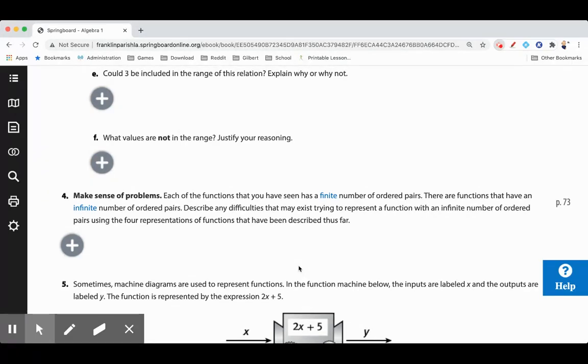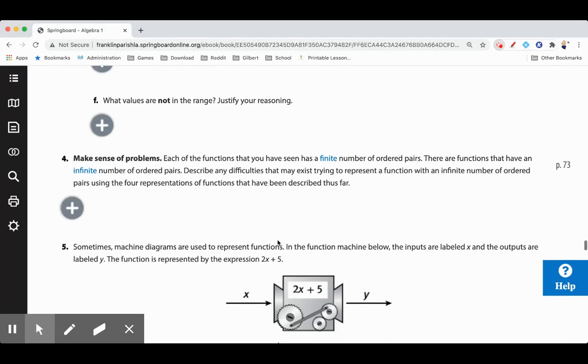Could we write down infinite numbers? No. When we drew our map diagram, where we mapped one set of numbers to the numbers that they put out, could we map infinite numbers? No. No matter how we do, we're not able to write an infinite number of ordered pairs. That would be number 4.